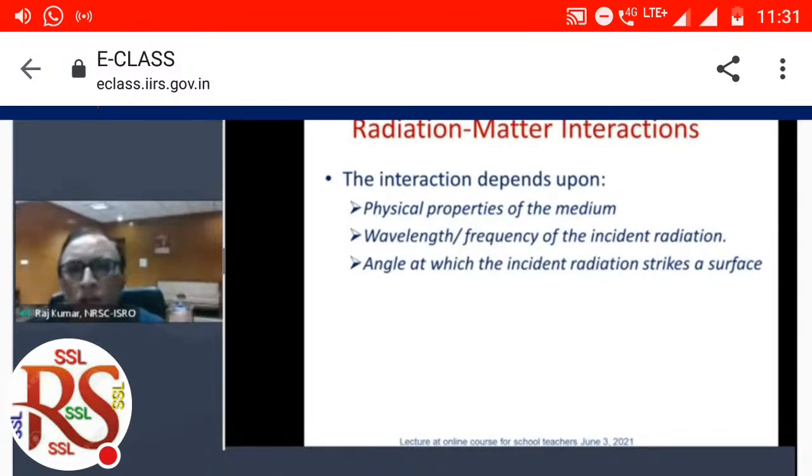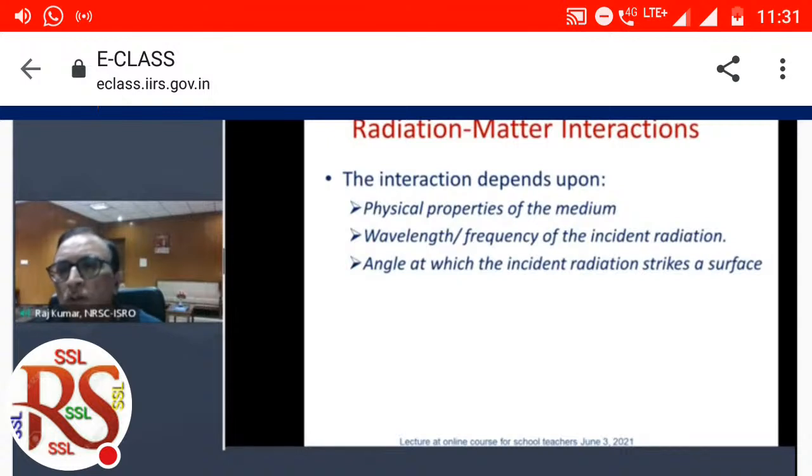So when the signal is coming, it has to interact with the medium, because there are different types of gases in the atmosphere. So there will be absorption, emission, and attenuation, and that interaction will depend upon which frequency or wavelength we are talking about.